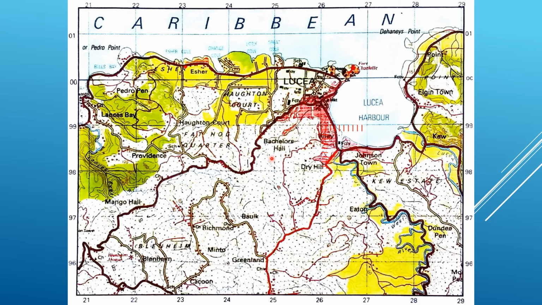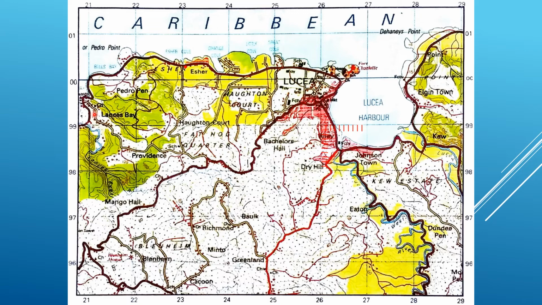Because when we count our markers going to the east, we find out that the 4th marker is in line with the factory. So we say 26,4. And when we're counting northwards, we find out it is the 6th marker that is in line with the factory. So we say 98,6. Hence, our 6-figure grid reference is 26,4, 98,6.